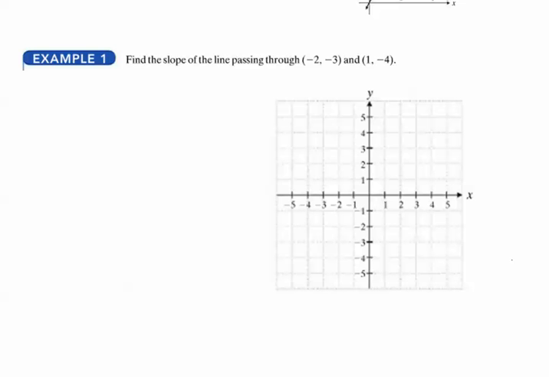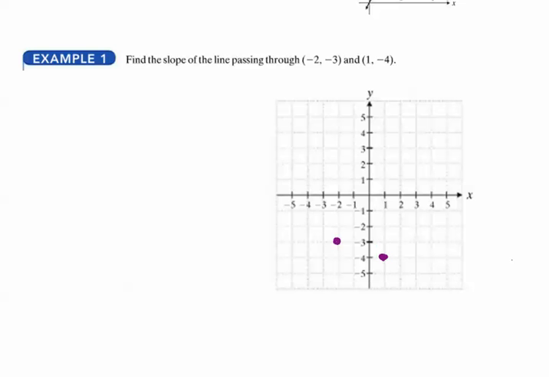So we're starting with x is -2, y is -3. Then we have the point x is 1 and y is -4. So we have these 2 points and we can draw a straight line through those 2 points.